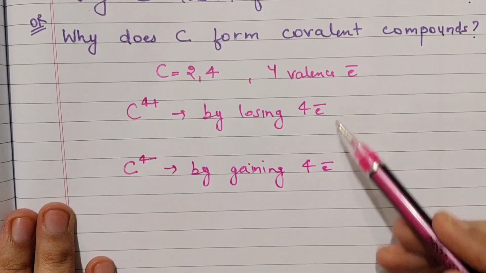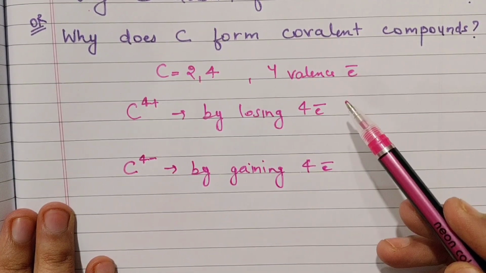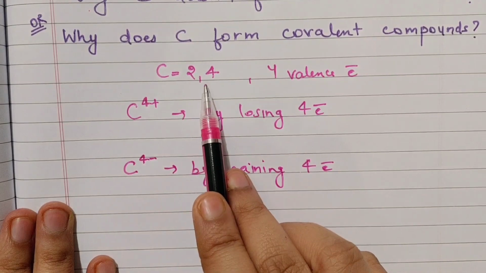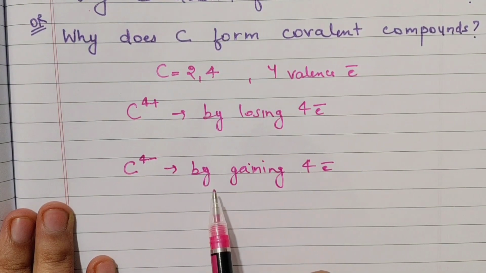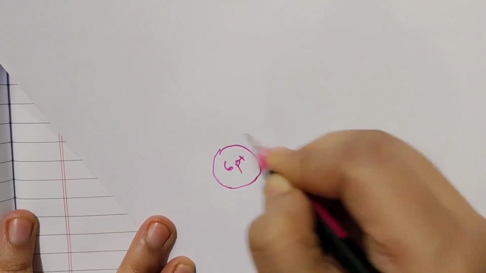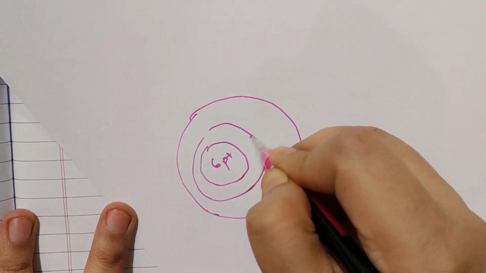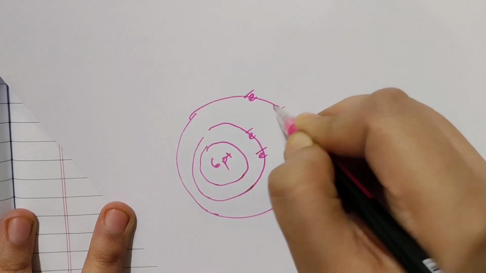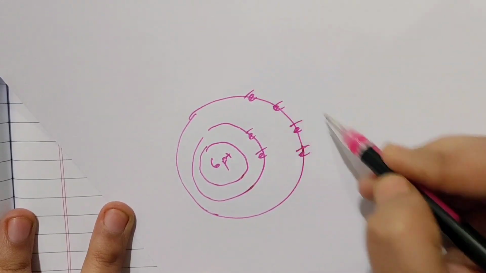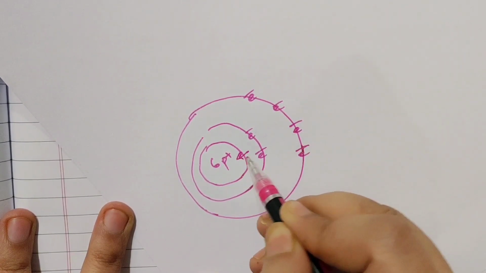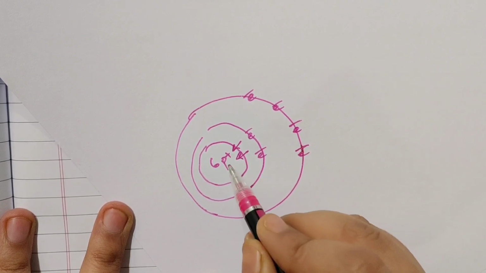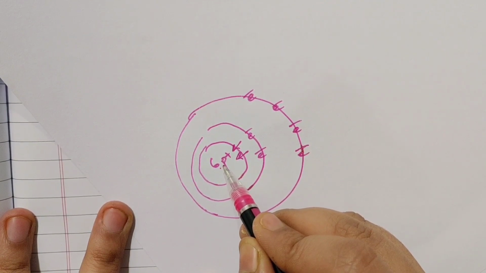First let's see why these 2 options are highly unlikely. See, to lose 4 electrons, a lot of energy is required. Why? Because electrons are very tightly held by protons in the nucleus. There are 2 electrons here and there are 4 electrons in the next shell. All these electrons are facing a pull towards the nucleus because there are positively charged particles present in the nucleus.